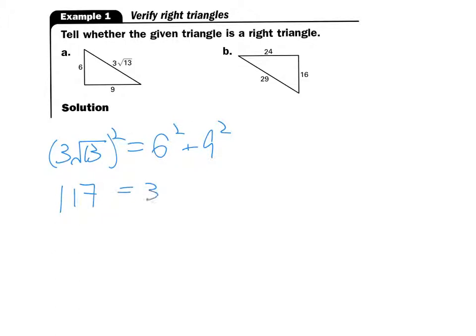On the right-hand side, if I add up the squared legs, I have 90. Since 117 doesn't equal 90, this triangle cannot pass the test of the Pythagorean theorem. So no, this is not a right triangle.